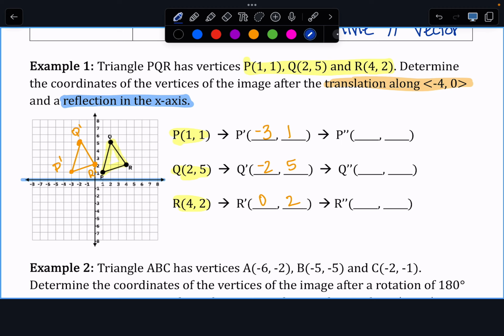So my new P is going to become -3, -1. My new Q is going to be -2, -5. And R will be 0, -2.